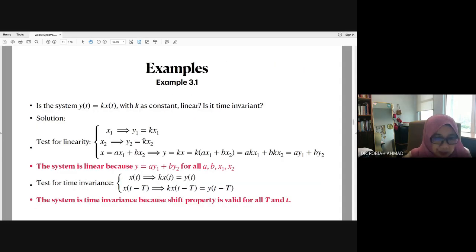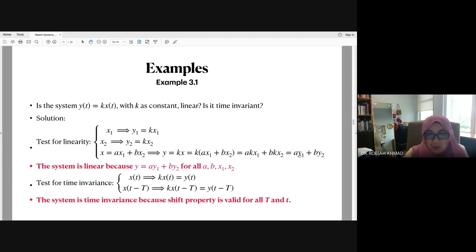Jadi kalau kita buat satu-satu, for example x2, let's say we multiply x2 with k, so we have y2. And then x is actually the combination of these two, a x1 plus b x2, and bila kita masukkan dalam kita punya sistem, we come up with a k x1 plus b k x2, which is actually a y1 plus b y2, the same thing.